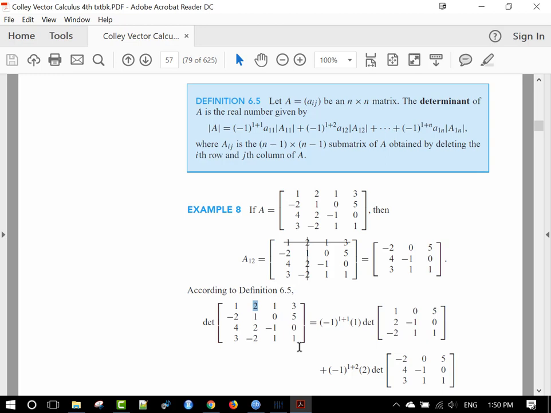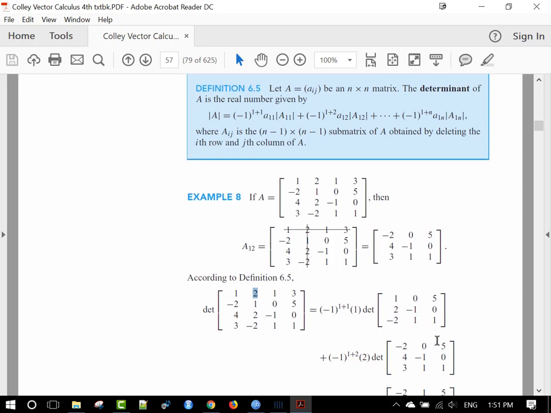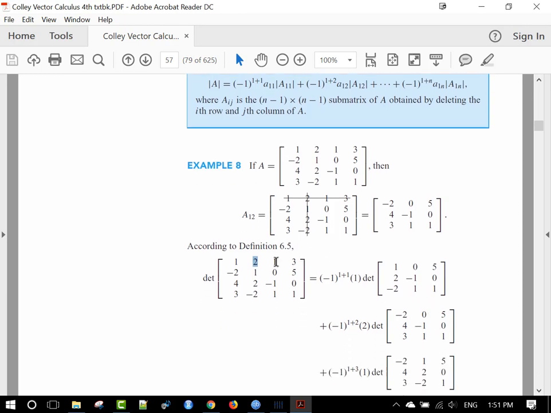So let's see what happens. So the first one, we knock out this and this, so we get 1, 0, 5, so you can see this one here. Okay, the next one, we just did this last one, so that's this one, you're going to see that here. The next one, we're going to knock out the first row and it's A13.